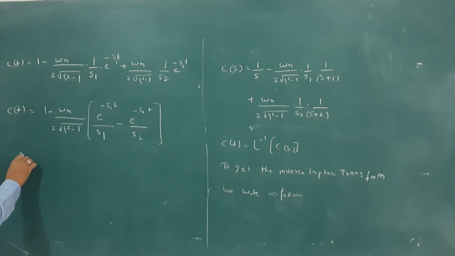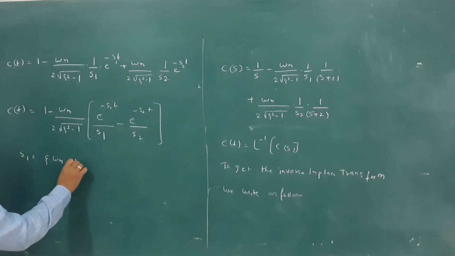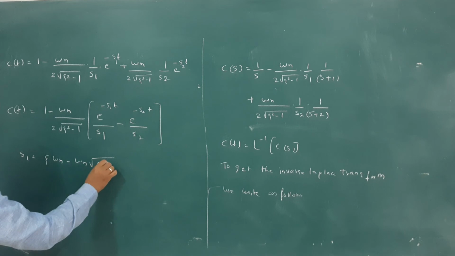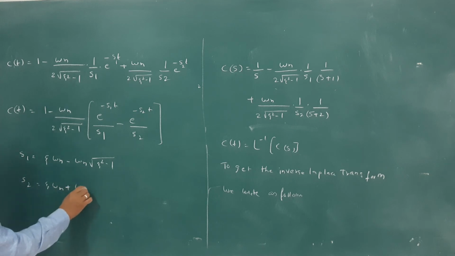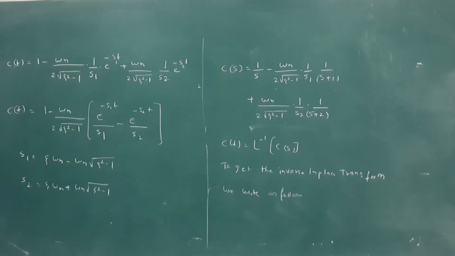Now s1 is equal to zeta omega n minus omega n into square root of zeta square minus 1, and you can substitute it here. s2 is equal to zeta omega n plus omega n into square root of zeta square minus 1. So we can find the response of the overdamped system.